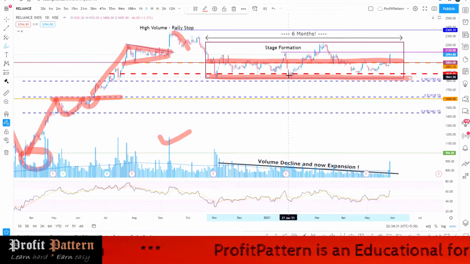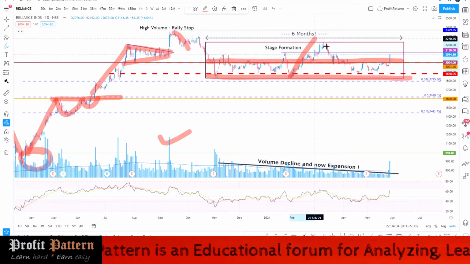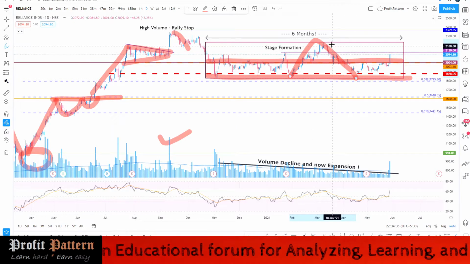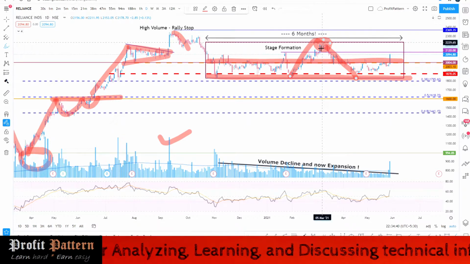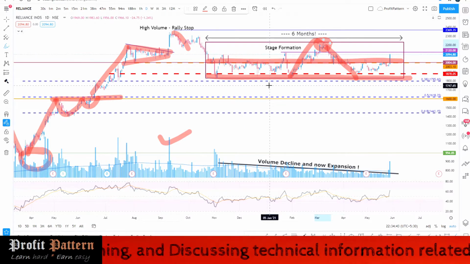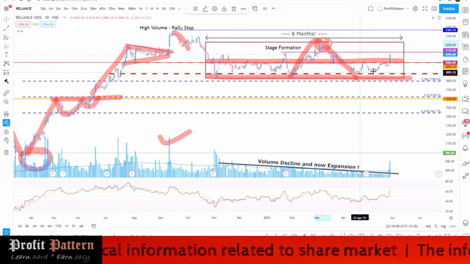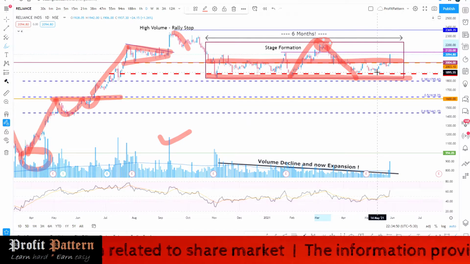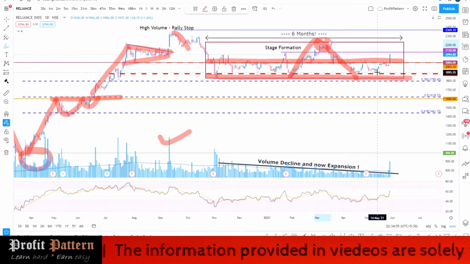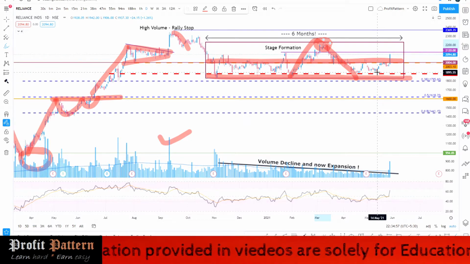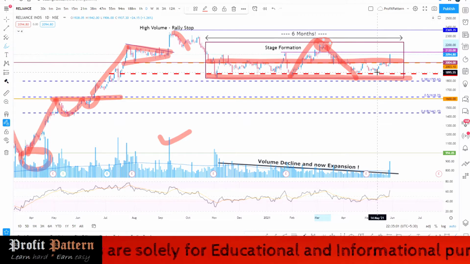Though in mid March and April it made a new high, which we have also marked over here, most of the time this stock has remained tightly between 1800 and 2000, just a 200 point range. It has consolidated for more than 6 months. So that is a very good point for us, making Reliance Industries a selection for a positional trade.